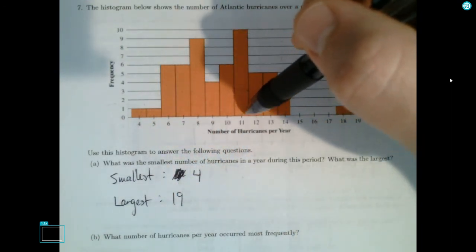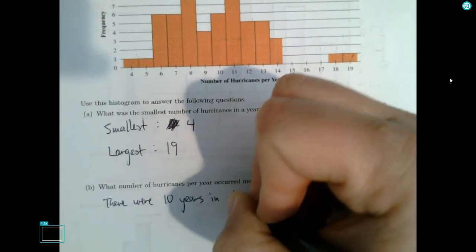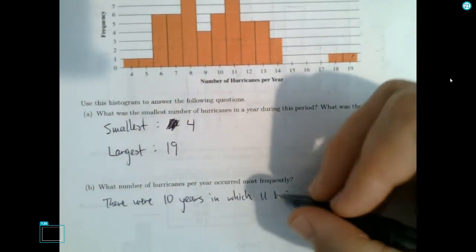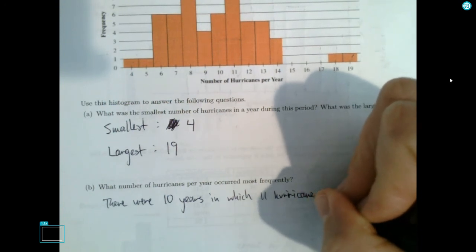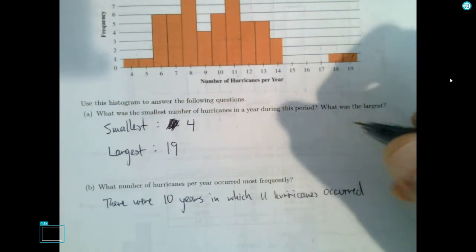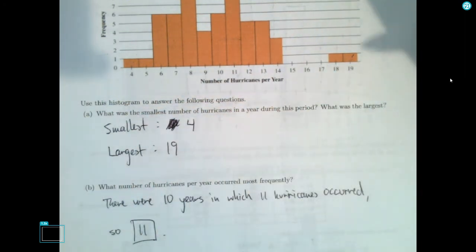It must have been 11, right? So there were 10 years in which 11 hurricanes occurred. Ooh, I can't spell hurricanes. So 11, right?